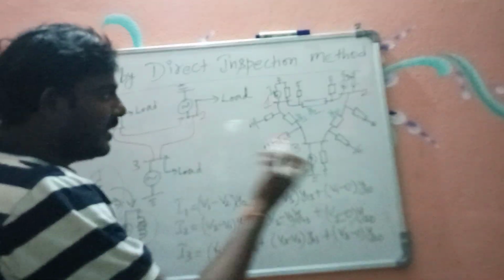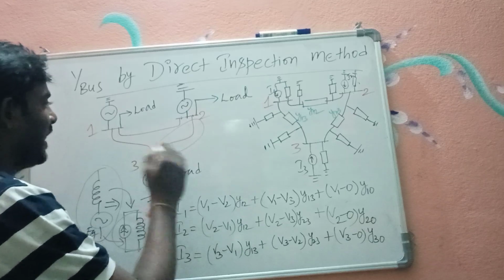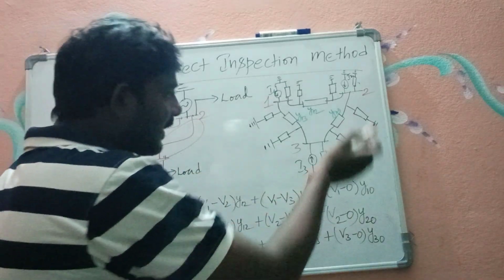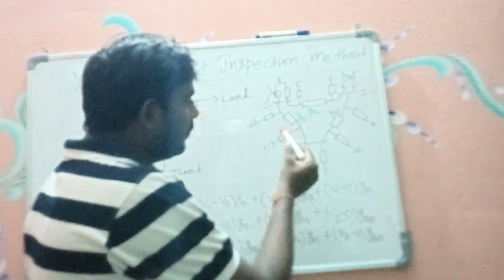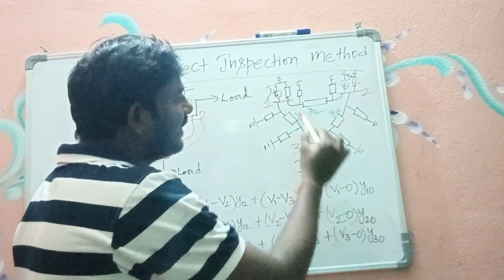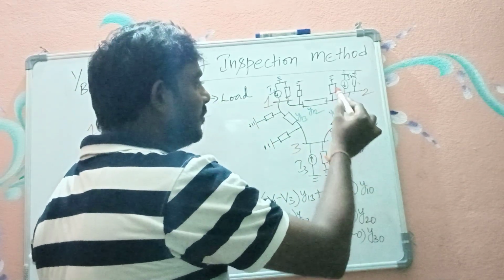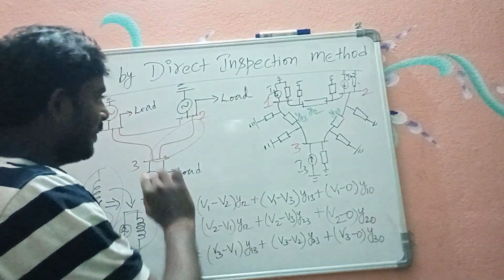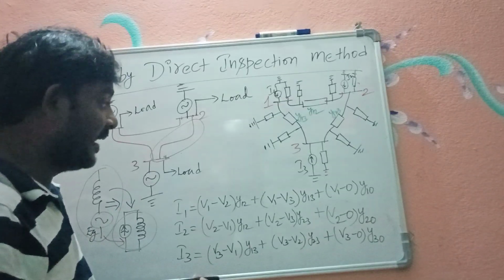In addition to that, I replaced each and every transmission line, 1 to 2, 2 to 3 and 3 to 1, with their equivalent pi network. When I replace all these, you can compare these two diagrams.